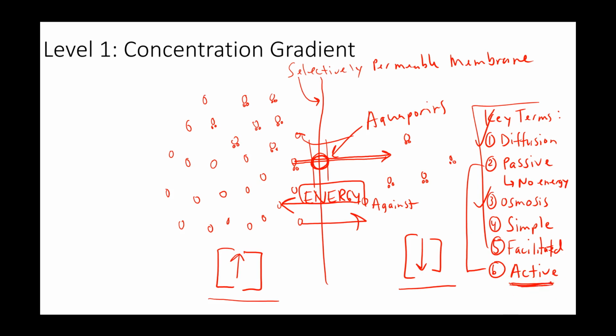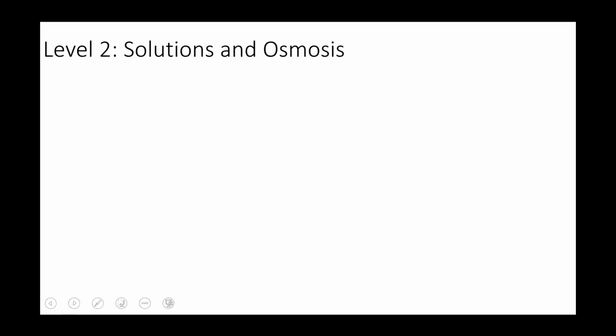So in order to understand cell transport on a complex level, you have to understand this concentration gradient. Concentration gradient is sort of a level 1 concept. Level 2 would be understanding both the water component and the solute component. So if you remember back to basic biochemistry, a solution, especially an aqueous solution, has two components, solute and solvent.